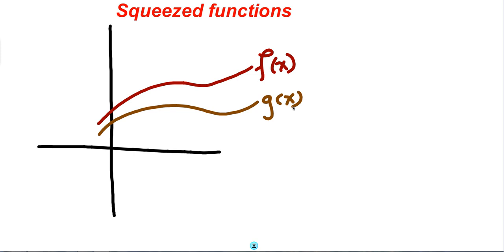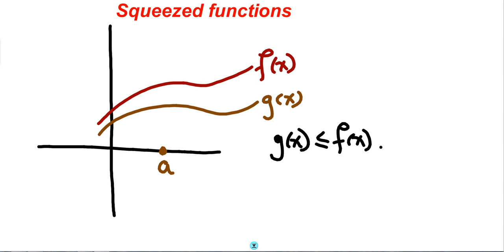We can see here that near a point A, f of x is always greater than g of x. In other words, g of x is less than or equal to f of x.